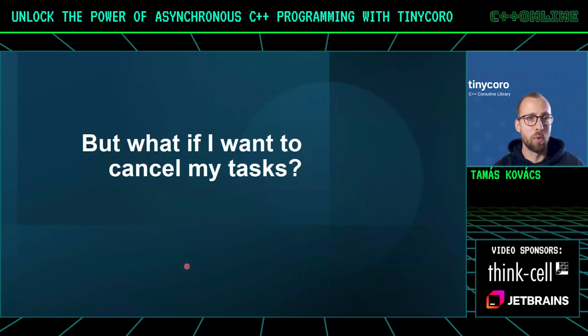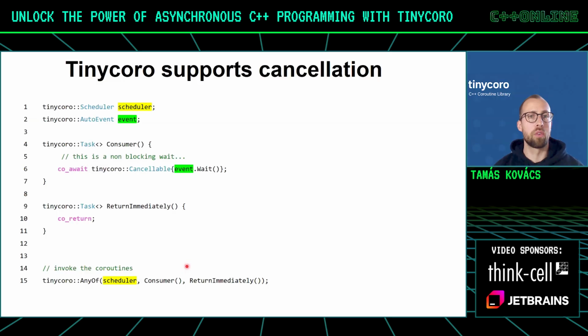But let's move on. What if I want to cancel my tasks? Tinycoro supports task cancellation, for sure. In this small example, we are going to use the Tinycoro any-of helper function, which gets the scheduler and 2 coroutine tasks.